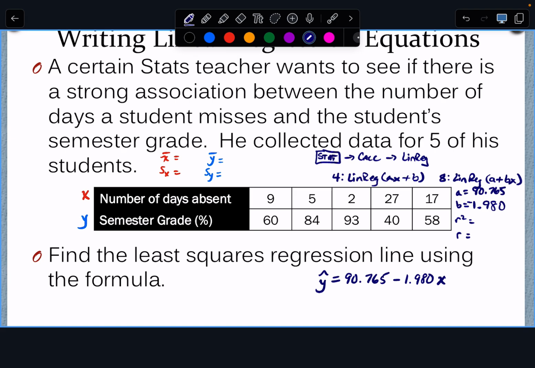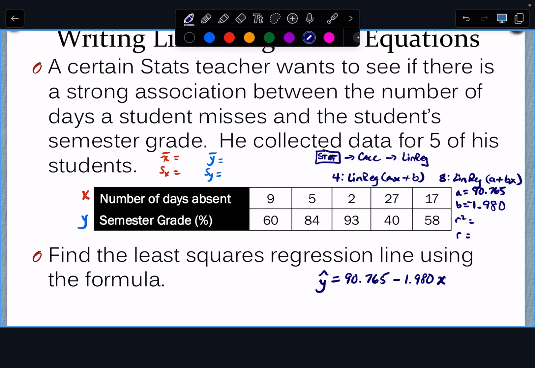Now, before we move on to the next thing, so we calculate the regression equation. If I asked you to interpret slope, a little bit of review from yesterday. If I said interpret the slope of this regression line, think about the context of what we're looking at. My slope is negative 1.98.